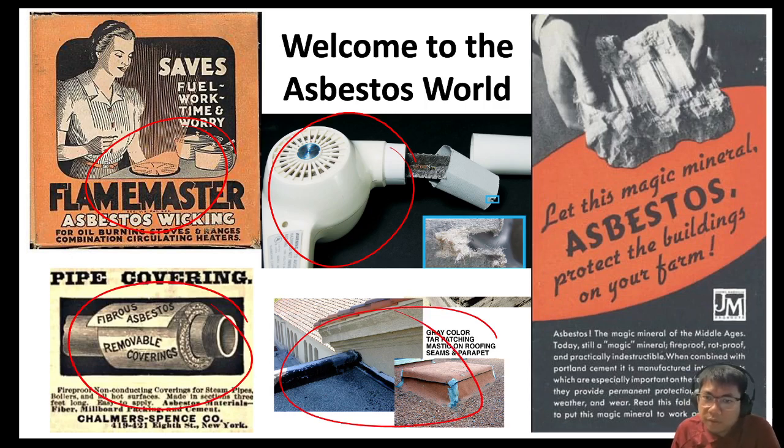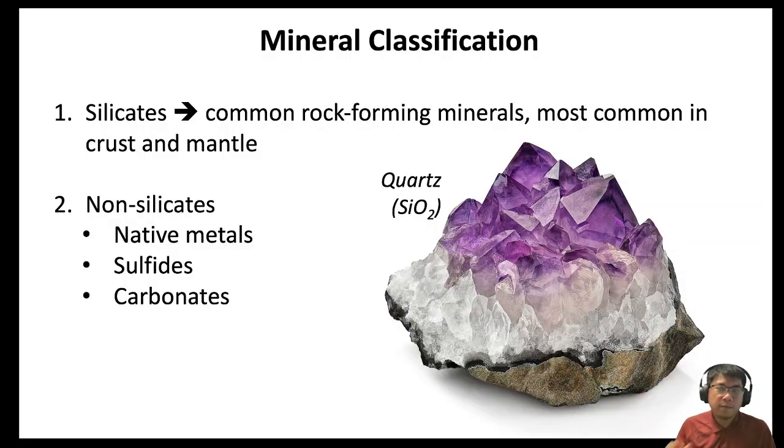Here, not really sure what this means: let this magic mineral asbestos protect the buildings on your farm. Let them protect your buildings on your farm, but you gotta be careful with that because you don't want to breathe in those things. So those are some silicate minerals and some hazards that are associated with these minerals.